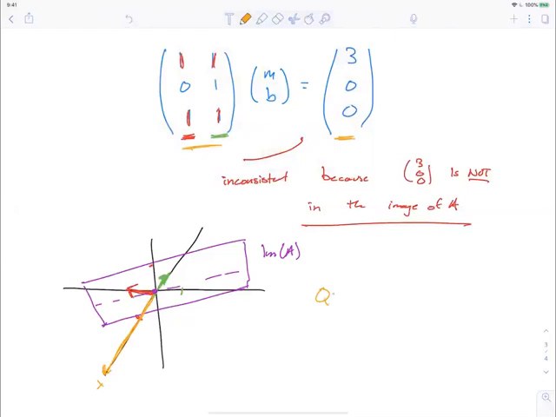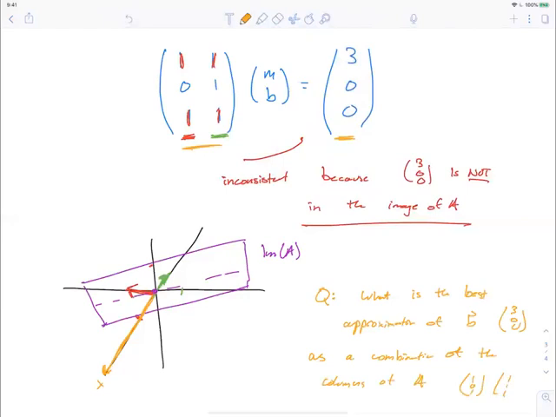So the question we now want to ask is, what is the best approximation of B, or in this case 300, as a combination of the columns of A? In this case, that's 101 and 111.